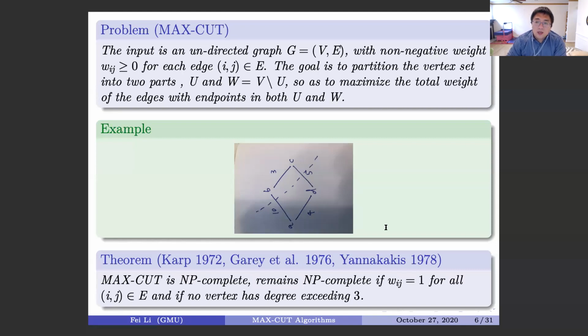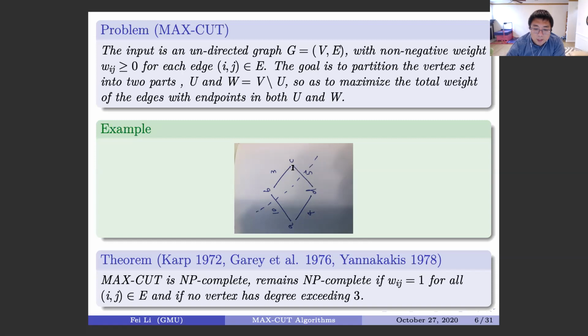For the max cut, we are going to look for a cut, a set of edges, such that if you remove these edges, then the graph is partitioned into two or more pieces. We would like to see what is the total weight of this cut. I apologize that this figure is in the wrong direction.